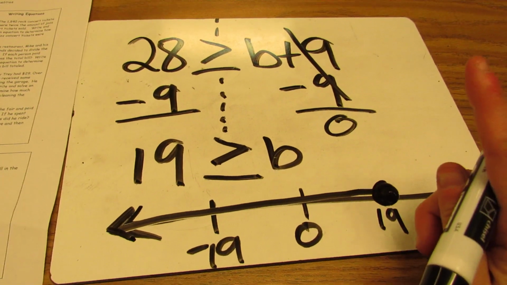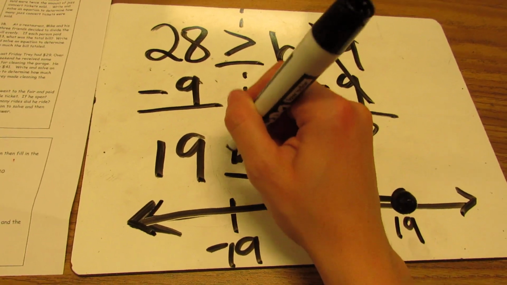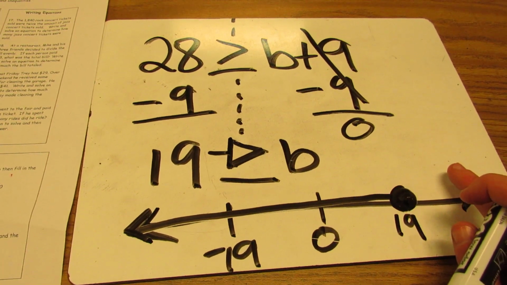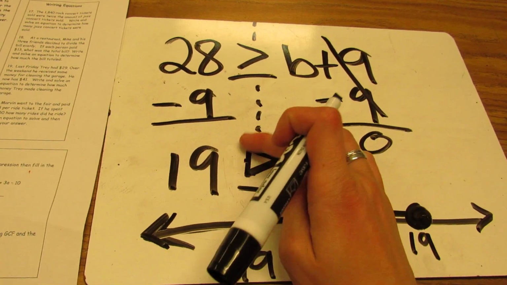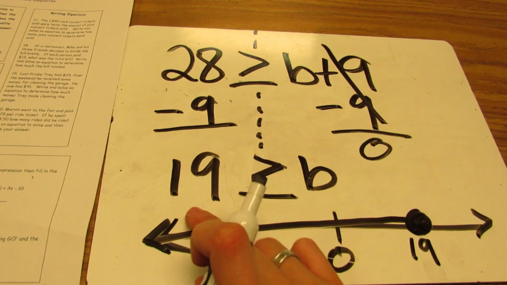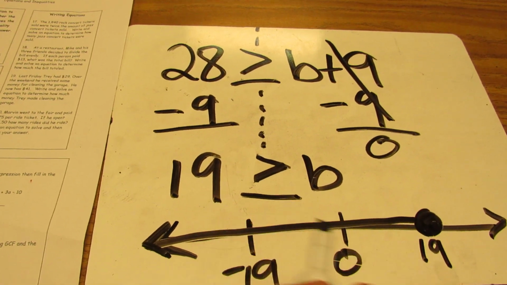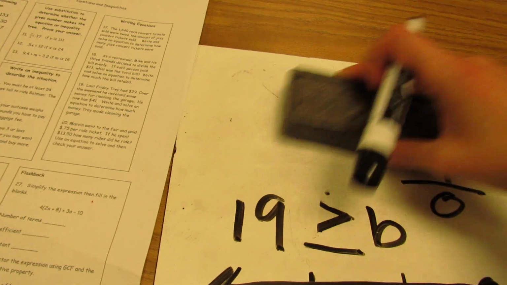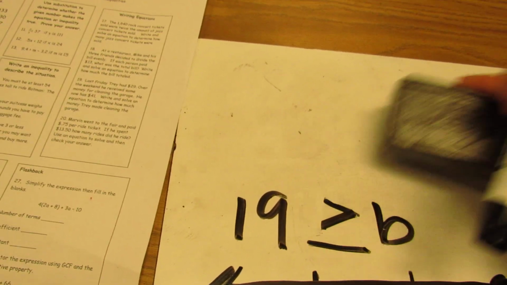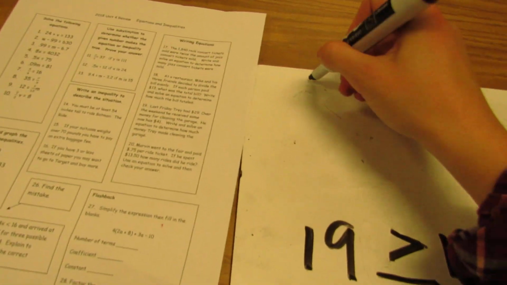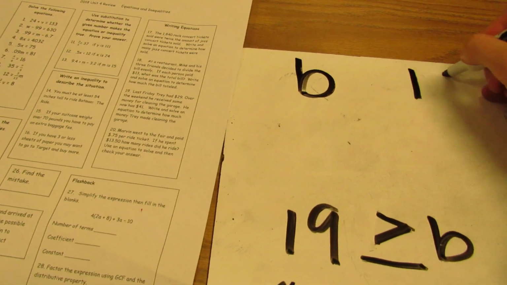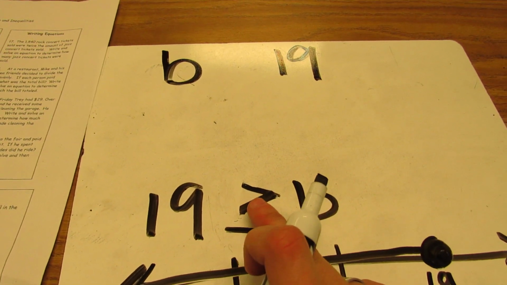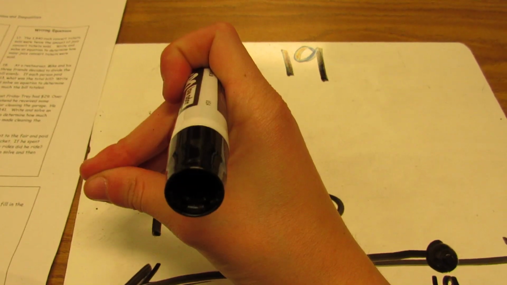Now I want to tell you guys why. I told you that the trick was this, that this is the point of your arrow. That trick only works if your variable is on the left. Okay? And I'll show you why. I'm going to go ahead and erase my work up here. I'm going to show you if I flipped b up here, I put b on this side and 19 on this side, my inequality would have to flip as well because it needs to still engulf 19.